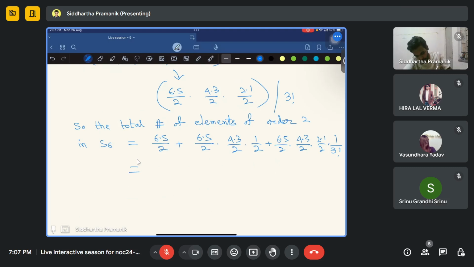So the first one is 15. We can cancel this with 4 and this with this: 3 times 5 times 3, it is 45. Then 3 factorial and 6 cancel out, so it is just 15. So the total is 75. Is it okay? Do you have any doubt in this?